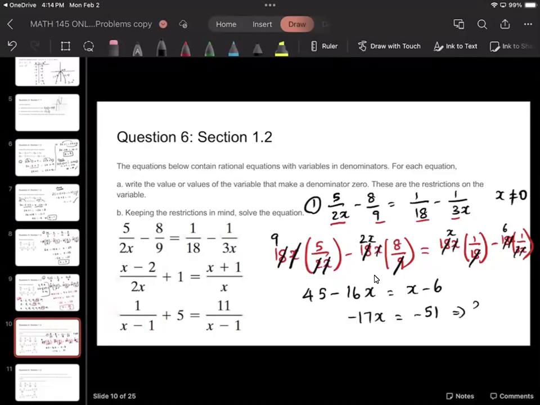So I divide, x becomes 51 over 17. So 17 times 3 is 51, right? Yeah. So the answer is 3, and 3 is not a restriction. So this answer should be okay.